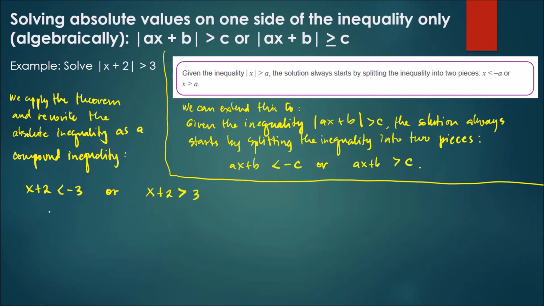Then we solve for x. So we have x is less than negative 3 minus 2, or x is greater than 3 minus 2. So we have x is less than negative 5, or we have x is greater than 1. So this is now our solution set.